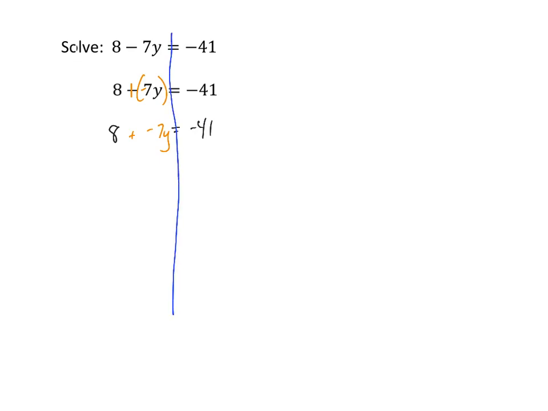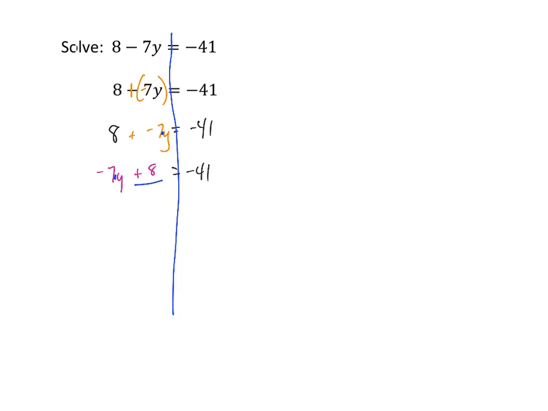Now for simplicity, I have addition here, but there's multiplication that still exists right here. So for a lot of you it's going to be easier if I rewrote this as negative 7y plus 8 equals negative 41. Because now it becomes a little bit easier to see that here's multiplication with the negative 7 times y, and then we have our addition.